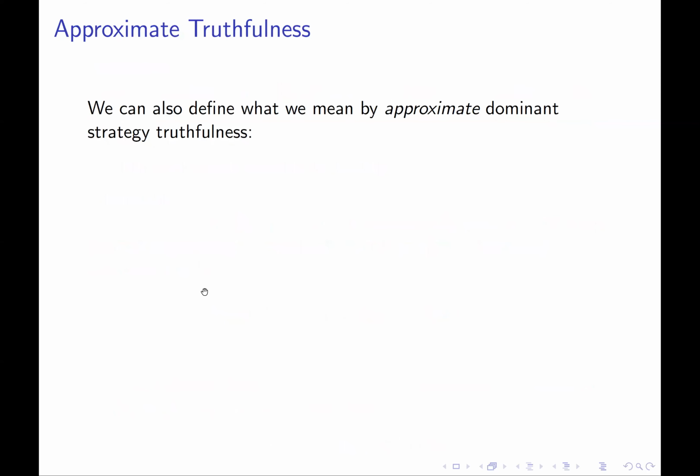But there's plenty of situations in which you might care about privacy, but we're not in one of them. Our goal here is purely to design an approximate dominant strategy truthful mechanism that has good revenue properties. So let's go back to mechanism design and remind ourselves what we mean by approximate dominant strategy truthfulness.